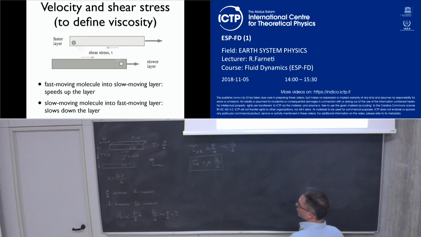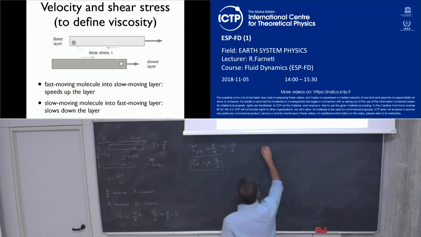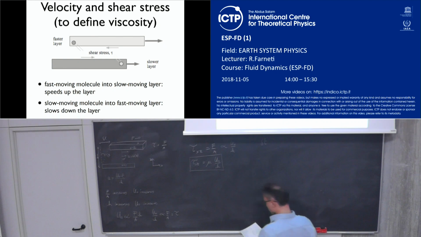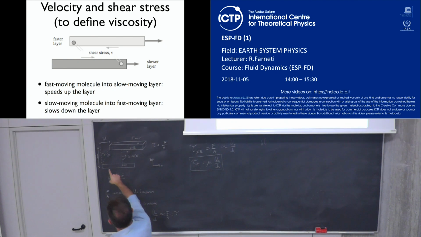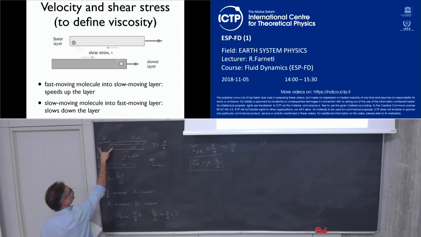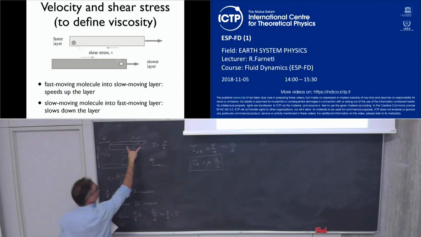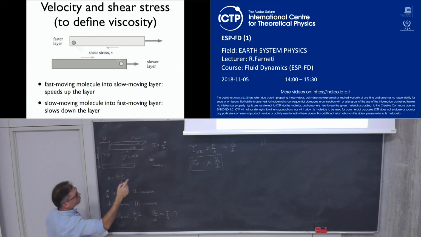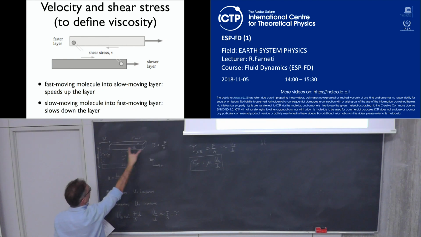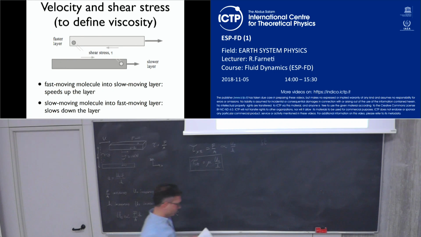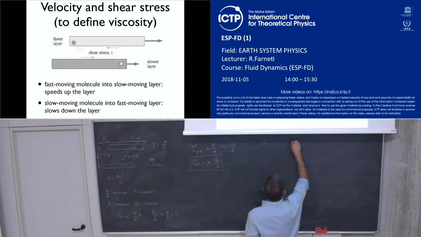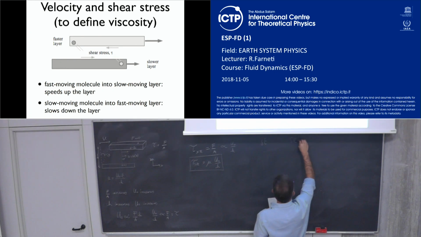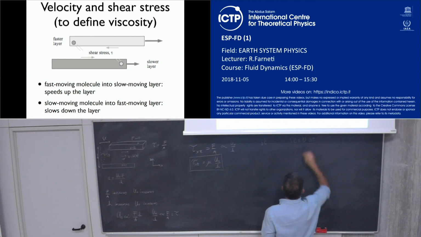Now let's try to go a little bit deeper into this. So after some time delta t, the fluid has deformed by this delta L, right? So this top plate used to be here. There's a shear stress which moves the plate, and after some time delta t, the top plate has been deformed and moved some delta L. So after some delta t, you have delta L equal to u delta t.